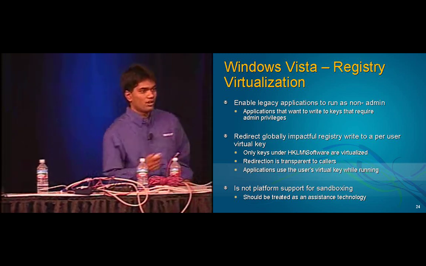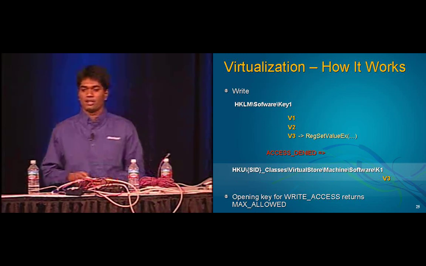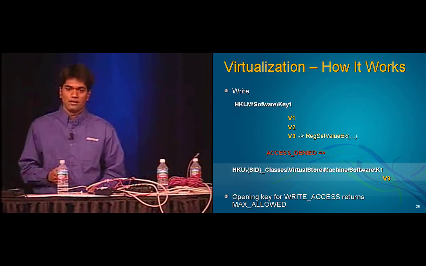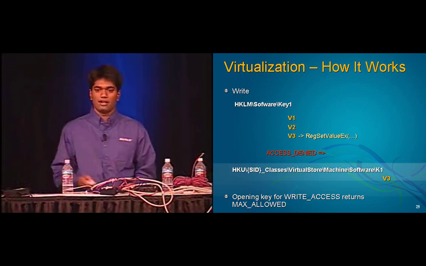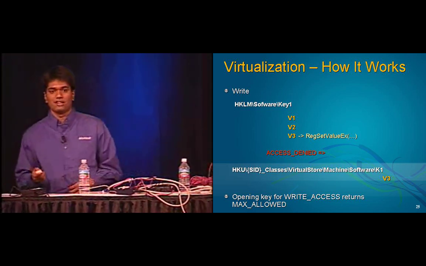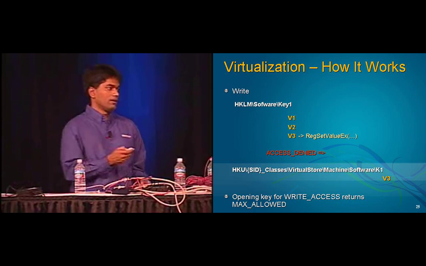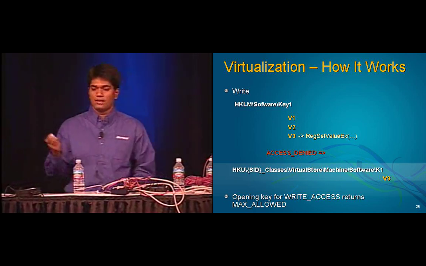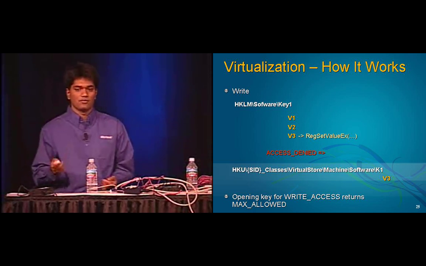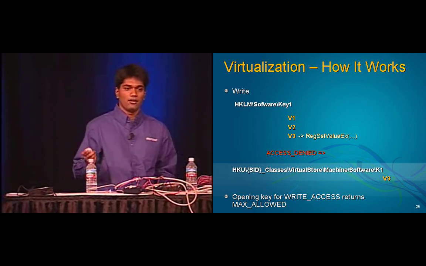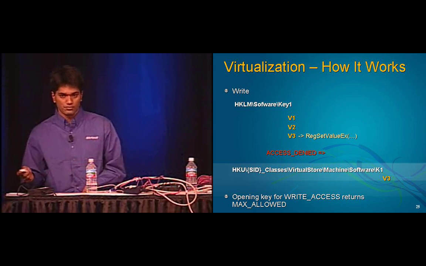So, enough of what virtualization is. Let's actually look at a quick example of how it works. Let's take the case of a write operation which a legacy app wants to perform. If you have a key, let's say in the software hive, HKLM\Software\Key1, which has two values, V1 and V2.